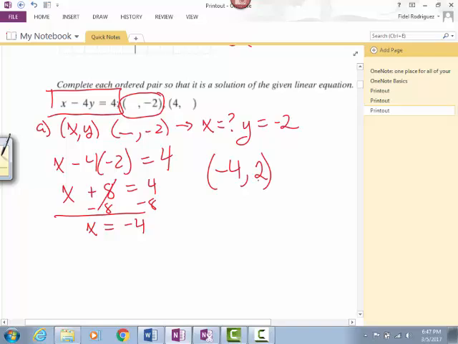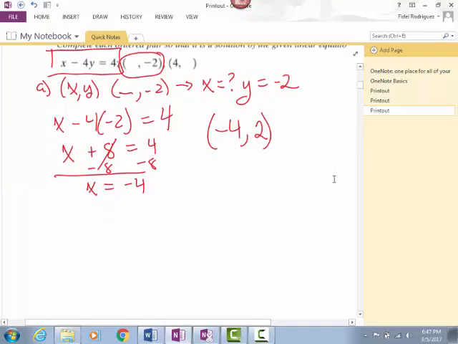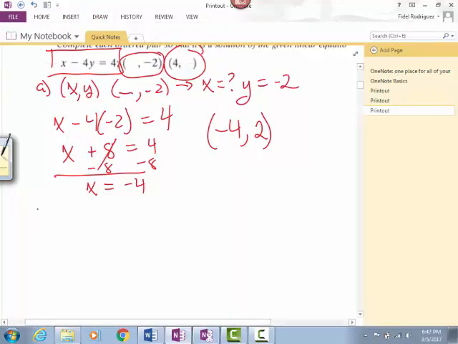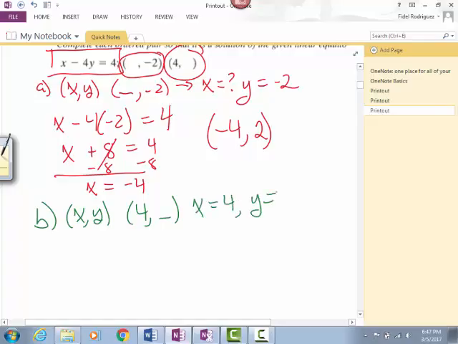So I'm going to do that whole process all over again, but now for this part here. So let me get a different color, and let's say, okay, B. Again, every point is written in the form x, y, and the point we have is 4, blank. So here we know that x is equal to 4, but we don't know what y is equal to. So I'm going to take this same equation, and everywhere I have the letter x, I'm going to put the number 4.